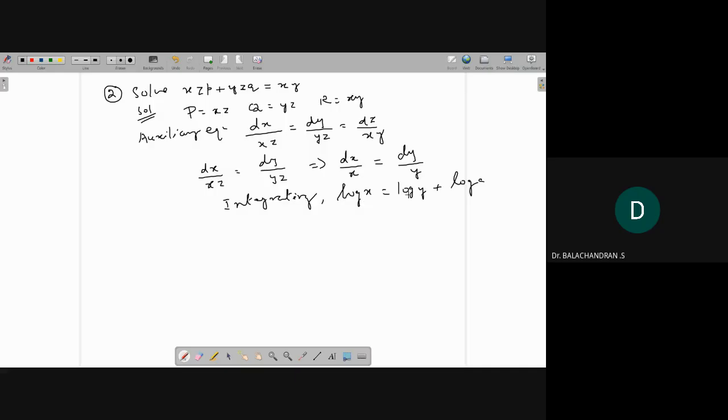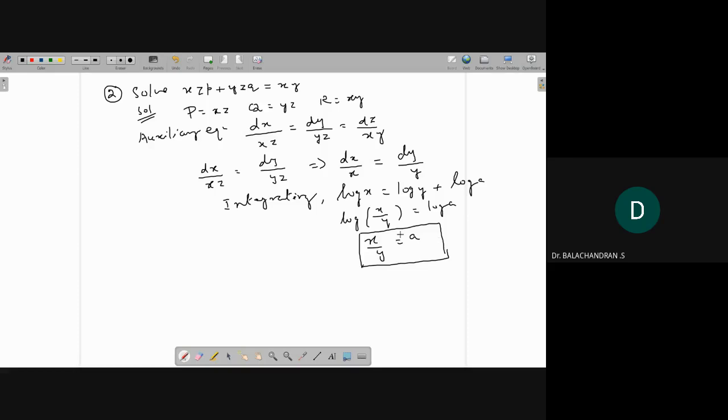So log x minus log y equal to log a, so log of x by y equal to log a, or x by y equal to a. This is the first independent solution, that is u of x comma y equal to a.